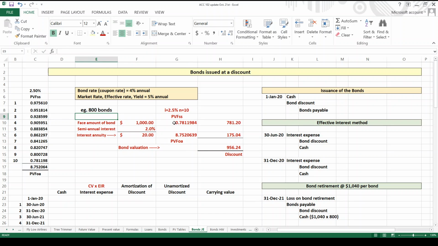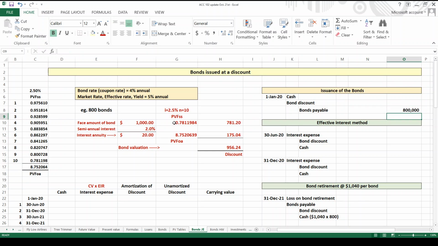We issued 800 bonds. All right, so what will we do upon the issuance of the bonds? Well, first of all, we would credit bonds payable at the face amount, which in this case would be 800 times $1,000, otherwise known as $800,000.